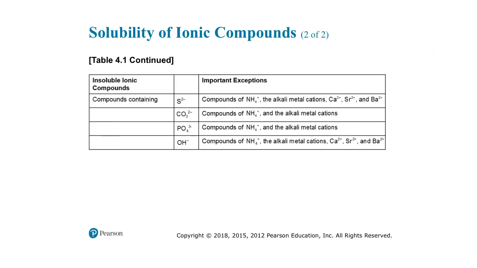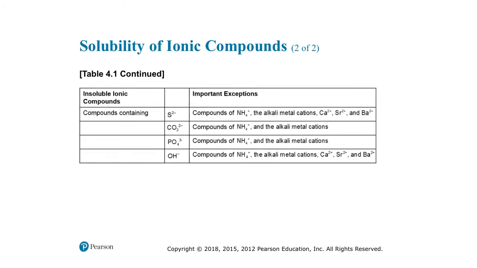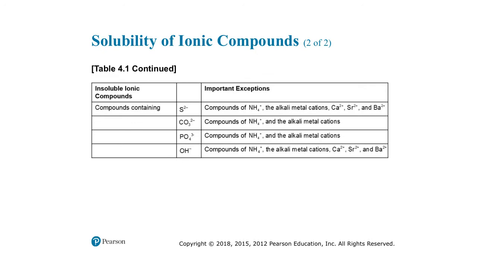So this chart here is showing us a list of the general insoluble compounds and the ions they tend to contain. So compounds containing sulfide and hydroxide are both generally insoluble in water. I don't know why the textbook separates these two, because look at their exceptions. They are generally insoluble except for compounds of ammonia and the alkali metal cations, but we already knew everything containing those cations is water soluble anyways.